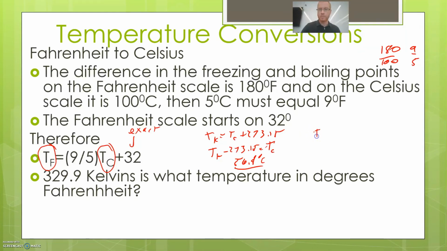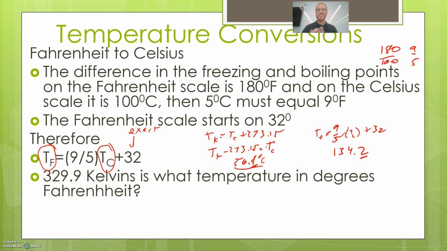Okay, well, Fahrenheit equals 9/5 times Celsius plus 32. So 56.8 times 9/5 plus 32 gives me 134.2. Because I've got one decimal place here, I should have one decimal place there.